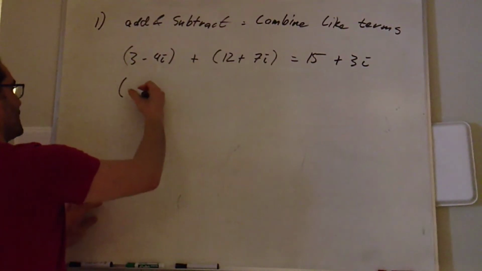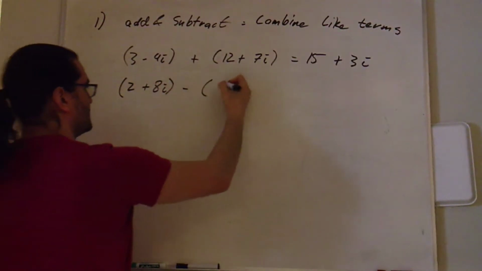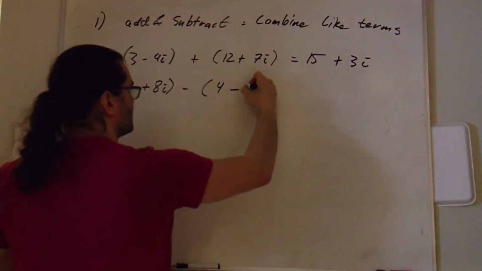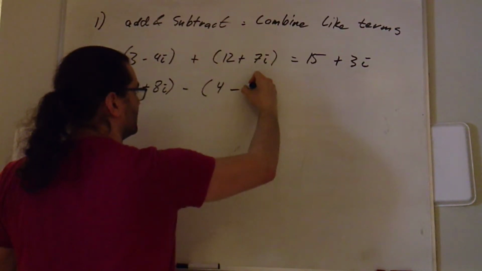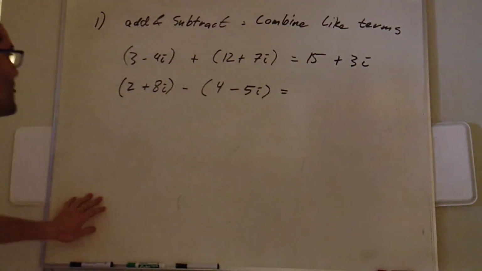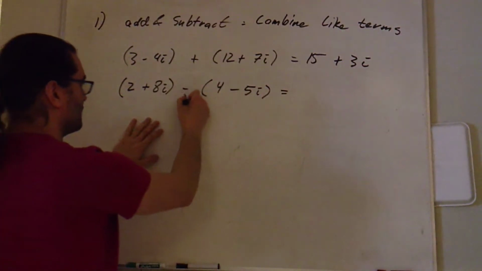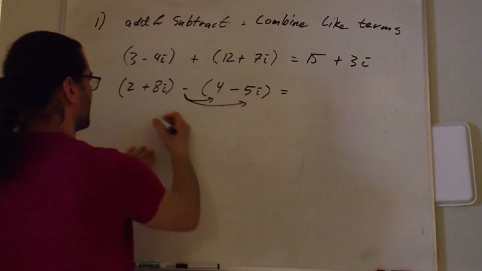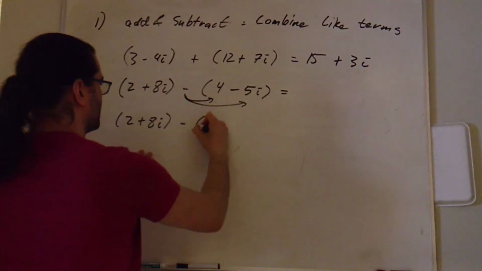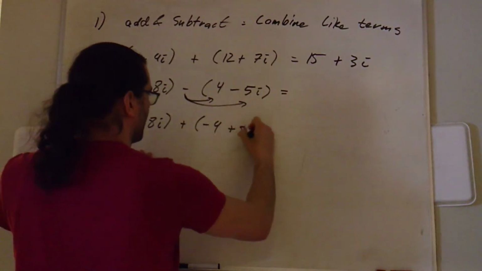If you're going to subtract things like 2 plus 8i minus 4 minus 5i. Again, you're still combining like terms, but you got to be careful about distributing this negative sign in there. So this is going to be the same as 2 plus 8i minus, or you could say plus negative 4 plus 5i.